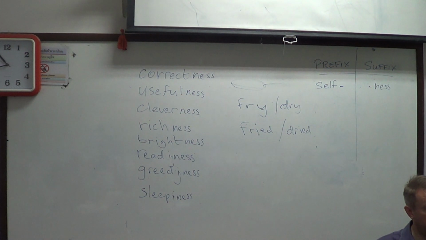So you can attach self to a noun to focus the noun on you. If you can make the noun into an adjective, then you can attach self to the adjective. Self-reliant, self-sufficient, self-confident.